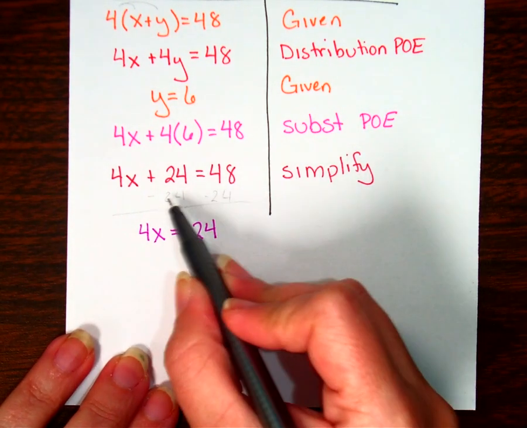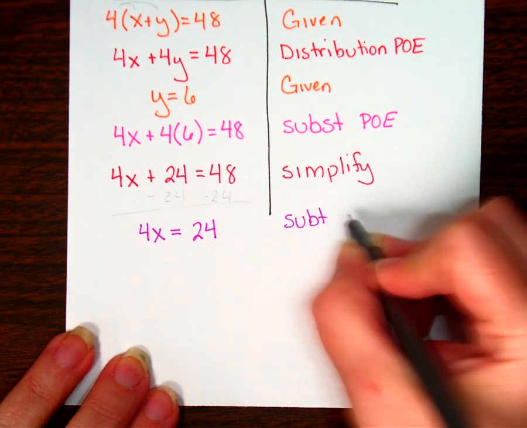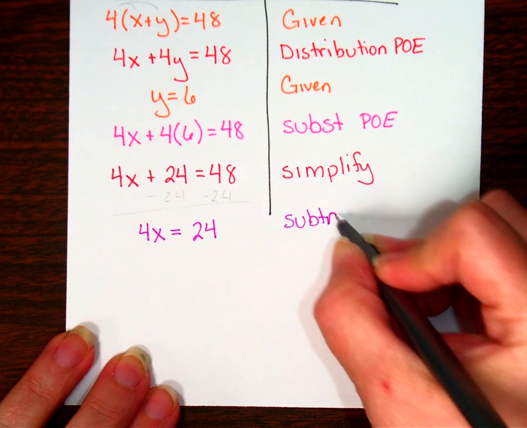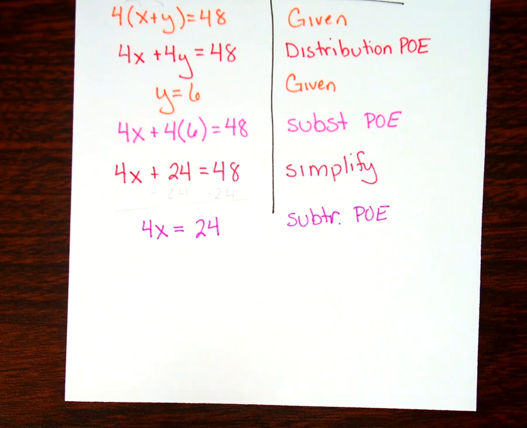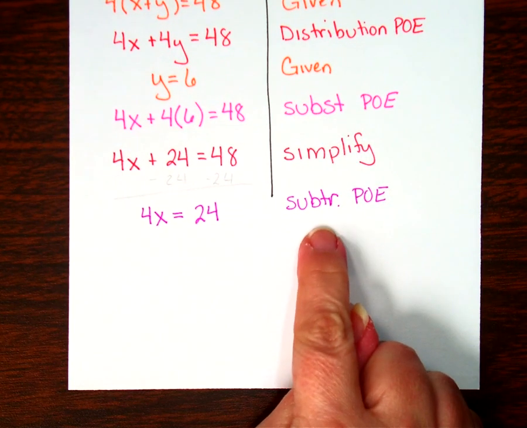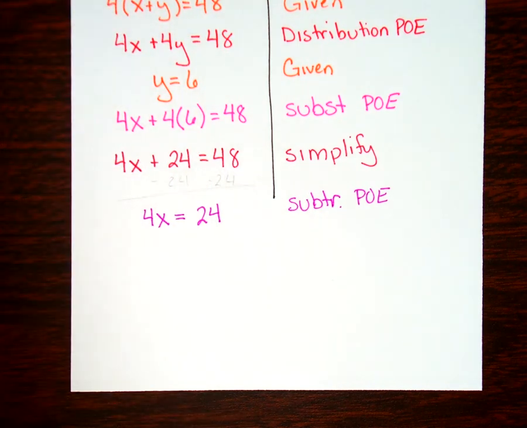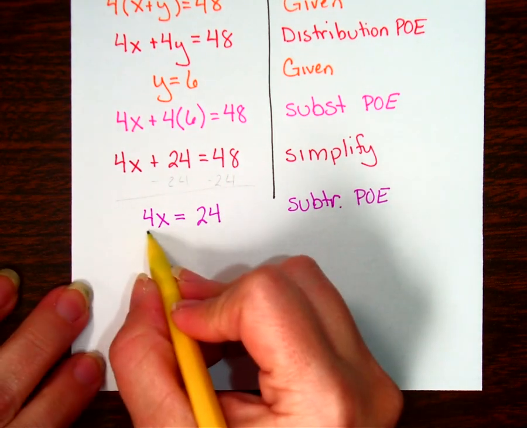And again, how did I get that? I subtracted 24 on both sides, so that's my subtraction property of equality. Again, don't abbreviate too much that I can't tell the difference between substitute and subtract.